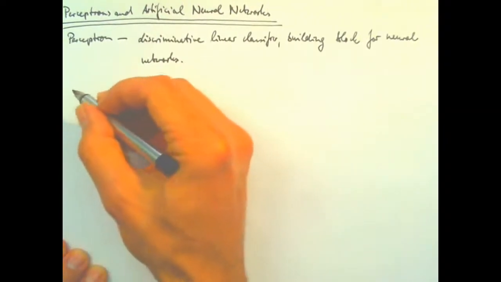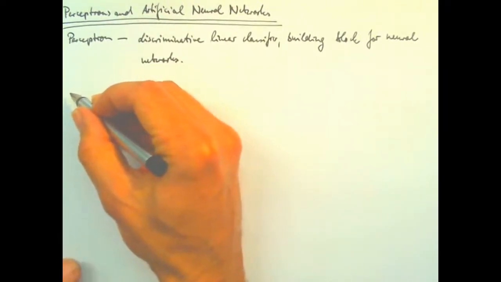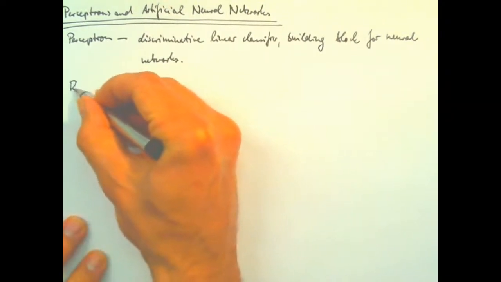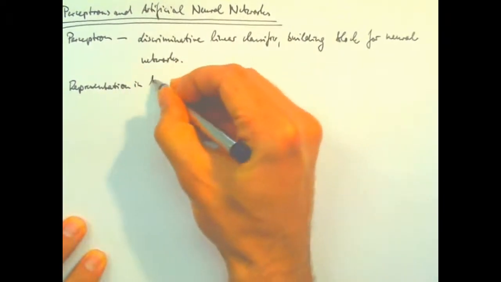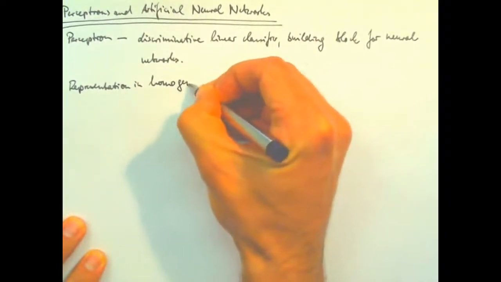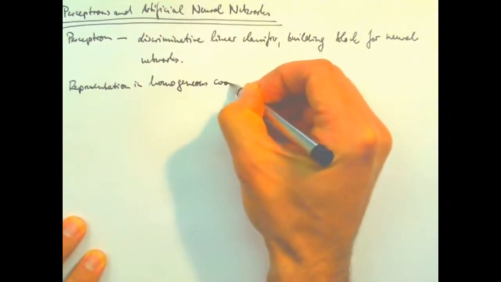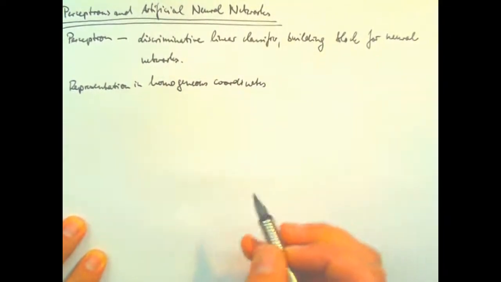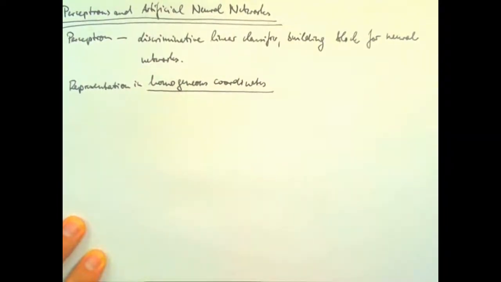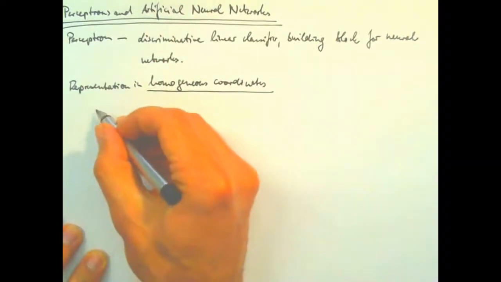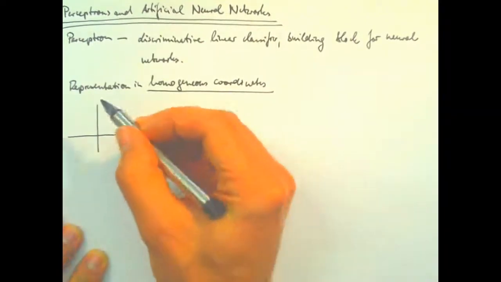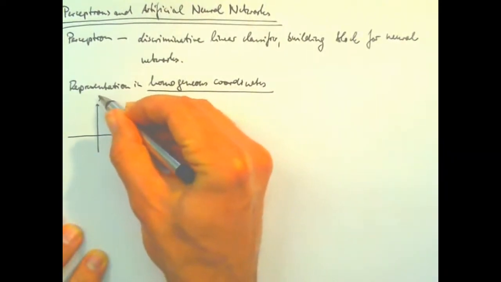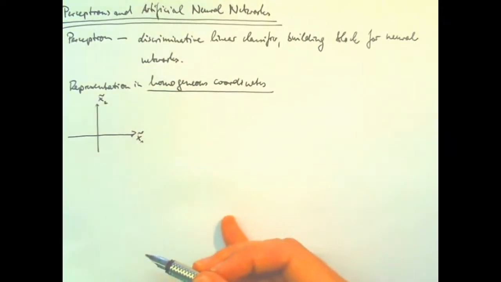To represent it, we will use the so-called homogeneous coordinates. And I will say in a minute what that means. So let's say we have a feature space with two features that I call x1 tilde and x2 tilde.